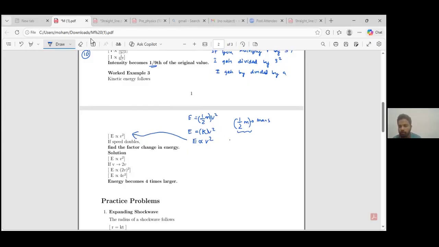So it's a direct proportionality, right? It's directly proportional.